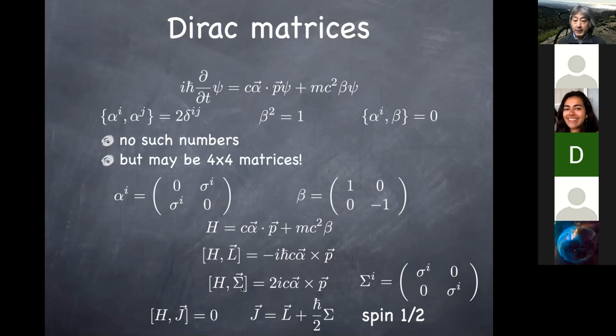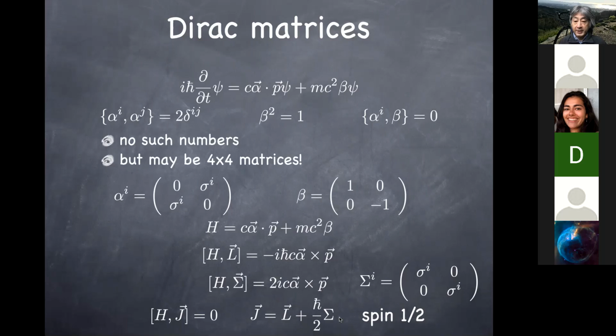But if you put in another matrix sigma, where you can also verify this commutation relation, you'll find that this combination, J equals L, the orbital angular momentum, plus h bar over 2 times this matrix sigma, turns out to commute with the Hamiltonian. So this is actually a conserved quantity.